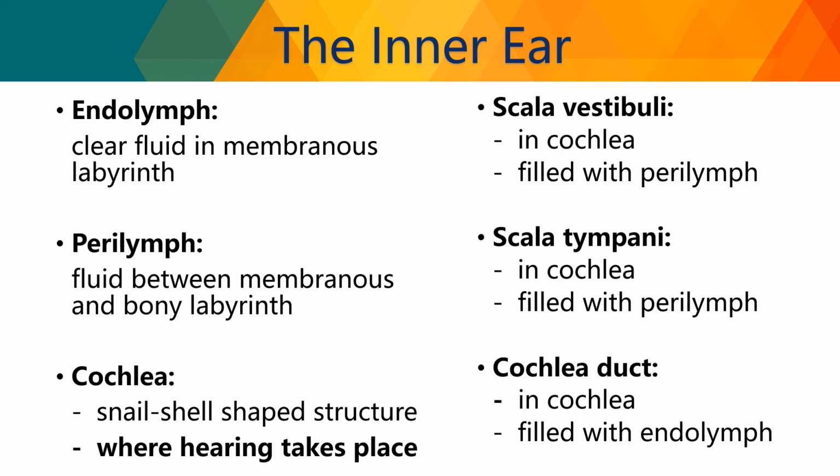You will also see the cochlea, which is a snail-shaped structure where hearing takes place. You will also see the scala vestibuli in the cochlea. This is filled with perilymph. The scala tympani is also in the cochlea, filled with perilymph, and the cochlear duct is also found in the cochlea and filled with endolymph.